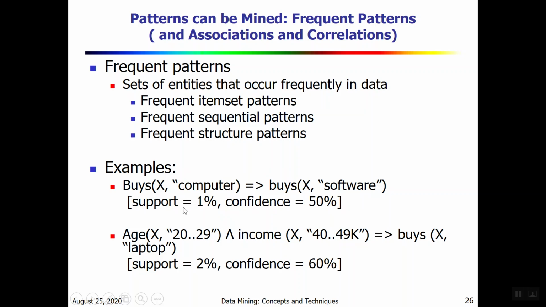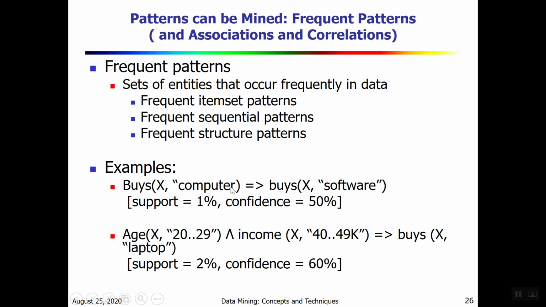Support says among all the customers, 1% of the customers buy both computer and software. This is the support measure of an association rule. Confidence says among all the customers who purchased a computer, 50% of them also purchased software.